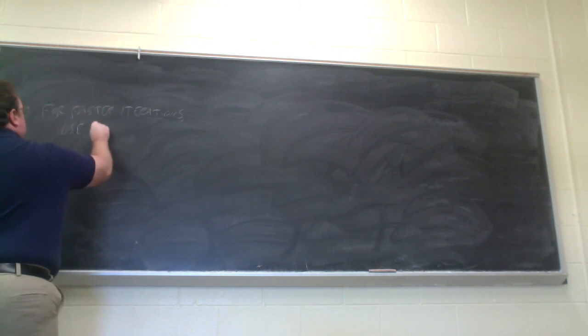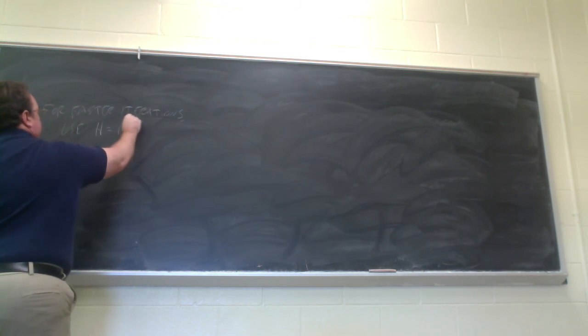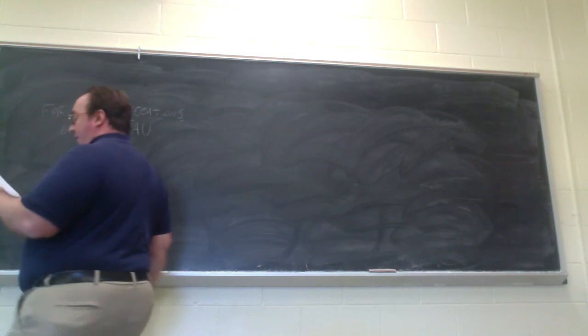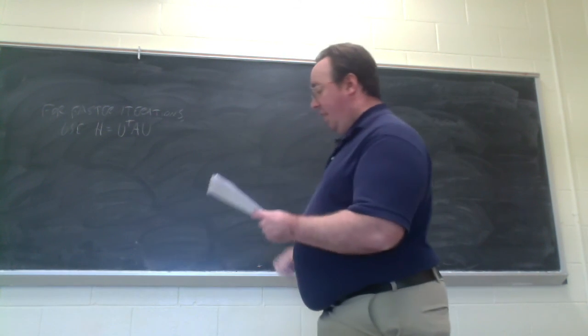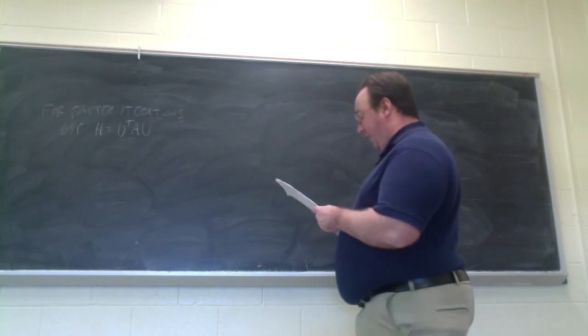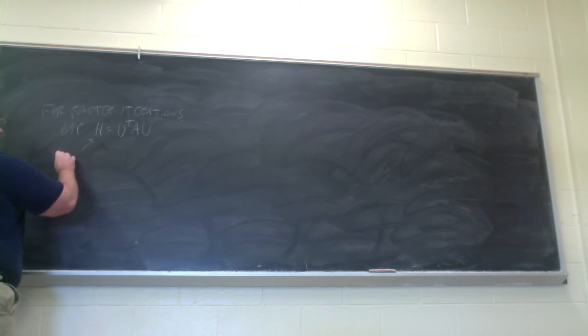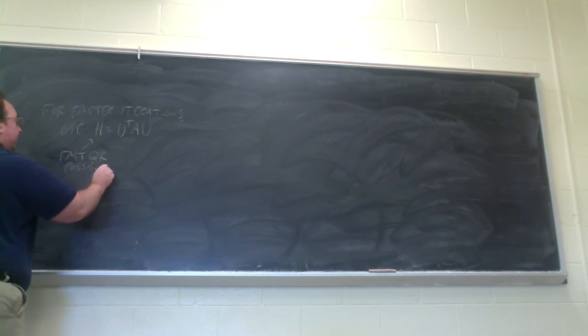Instead of working with A, we'll work with matrix H, which is a similarity transformation of A. And we want H to have a structure so that the QR factorization can be computed more efficiently than it can for a general matrix. So the question is, what should that structure be?